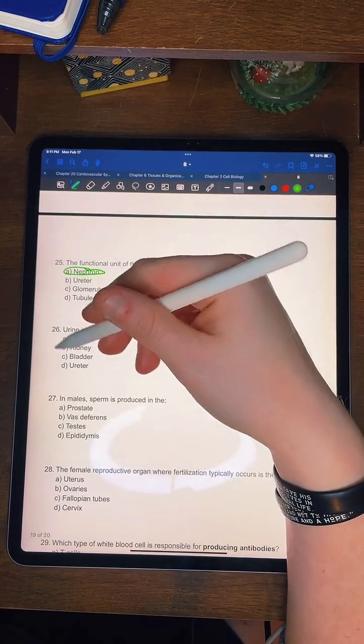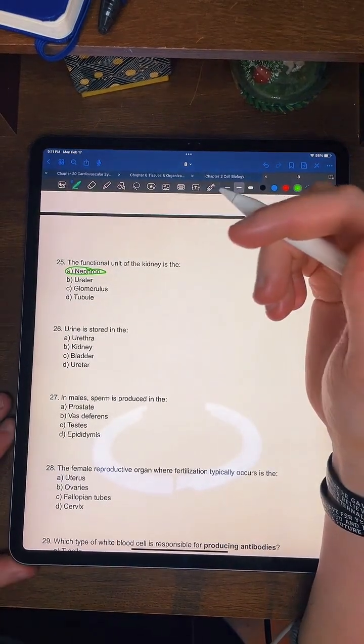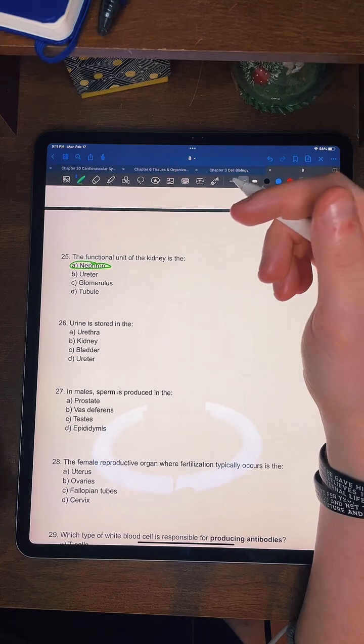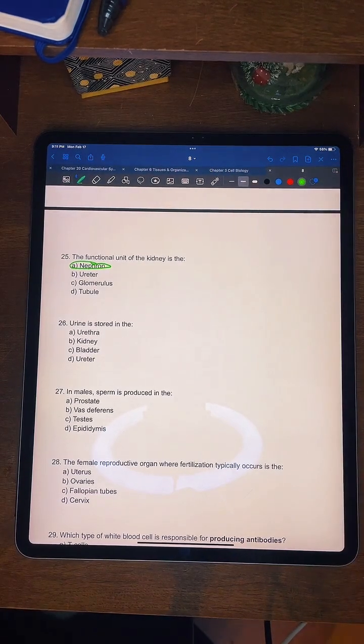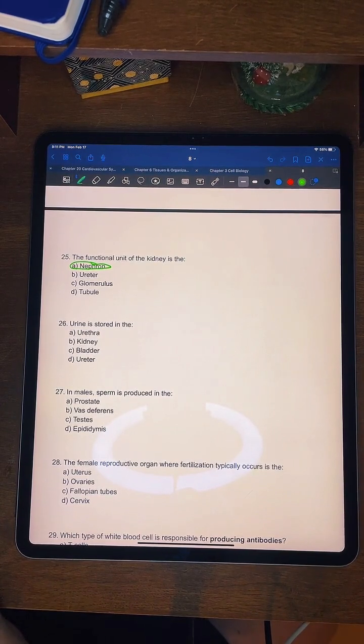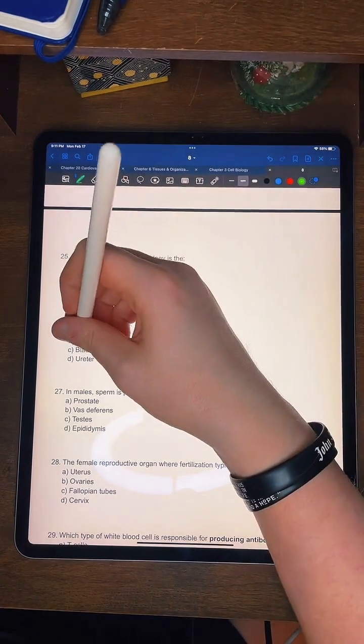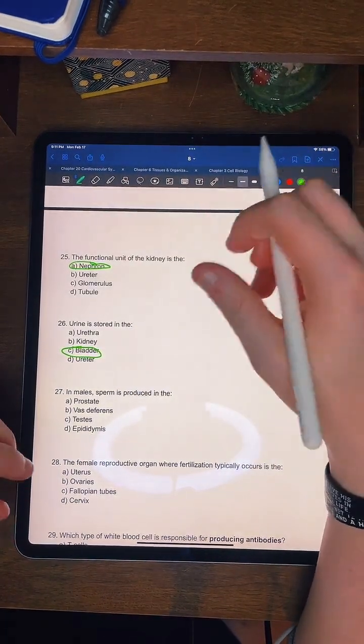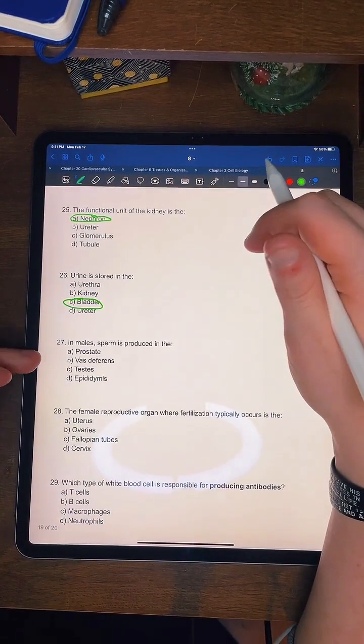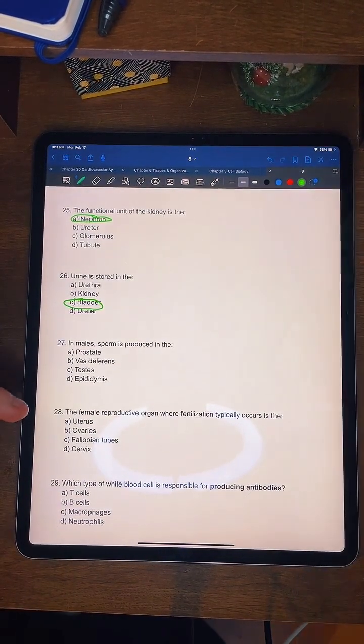Now we'll move on to number 26. Urine is stored in the blank. Do I have anything for T's? I don't currently have anything specific, but I'd be more than happy to make something for it eventually here. Let's see. Bladder is correct. In males, sperm is produced in the blank.